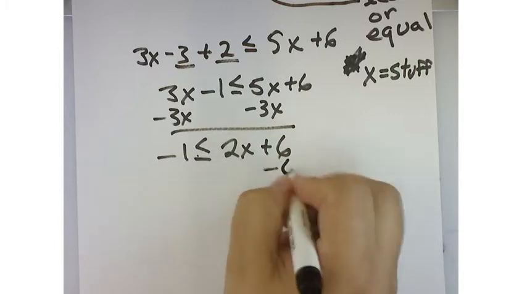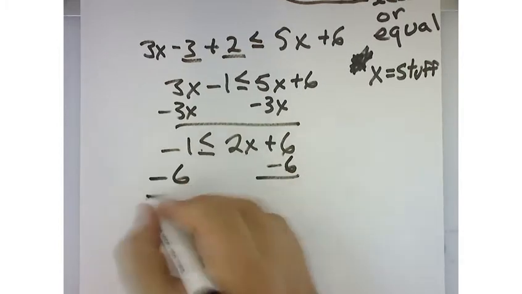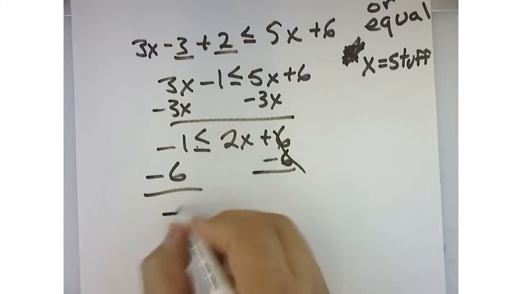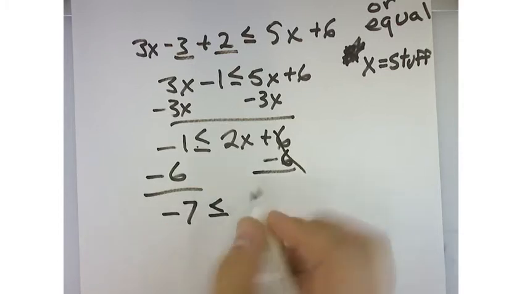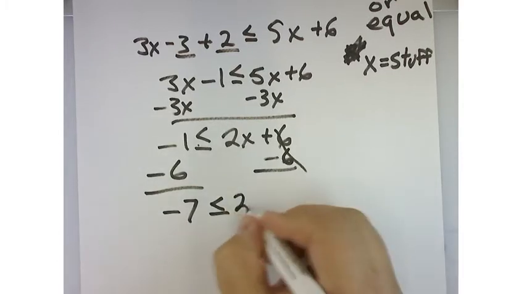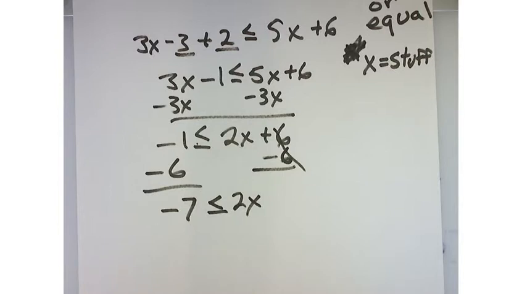But if I subtract 6 now, it works out pretty nicely because I only have one number on the left-hand side of the inequality and one term on the right-hand side. And so I save myself a little bit of work of dividing. Right? So that's why we always leave that last part of dividing by the number in front of x for last.